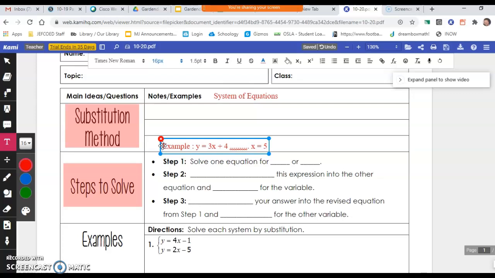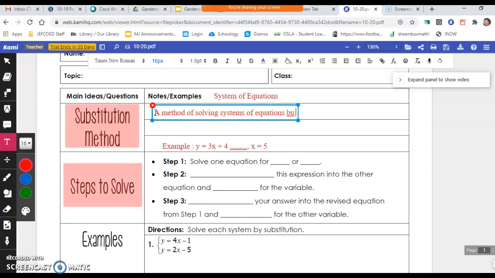Same concept, except we're going to take it a step further, and it's not going to be just a single number. So the substitution method is a method of solving systems of equations by substituting equations within one another.